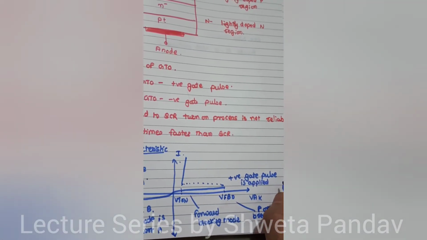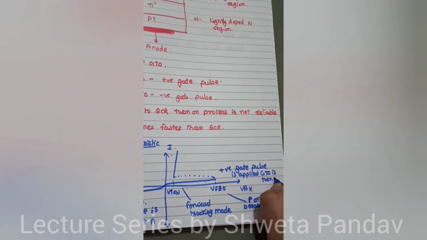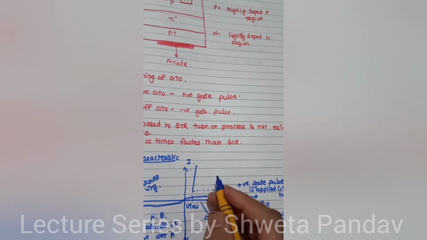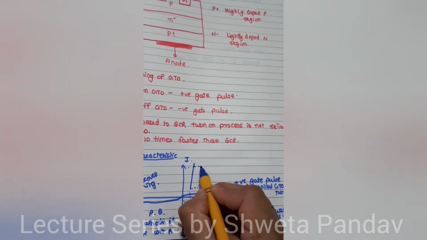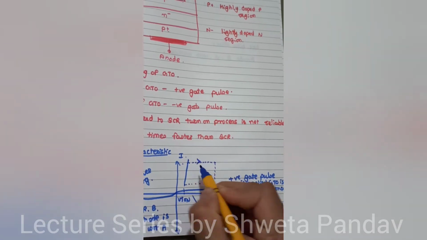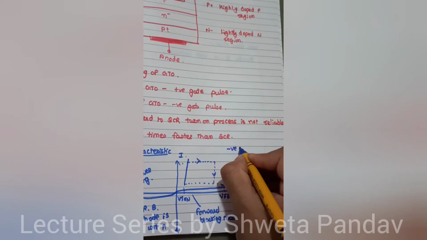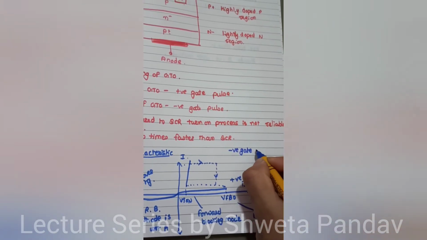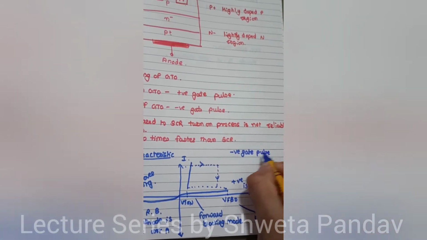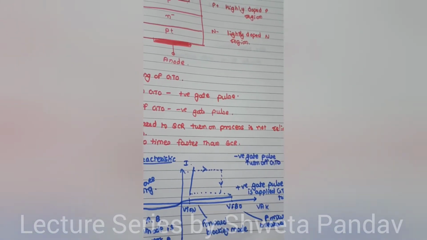When a positive gate pulse is applied, as with an SCR, the GTO is turned on, and after turning on, if I apply the negative gate pulse here, then it will be turned off. So the negative gate pulse will turn off the GTO. So what is new here?